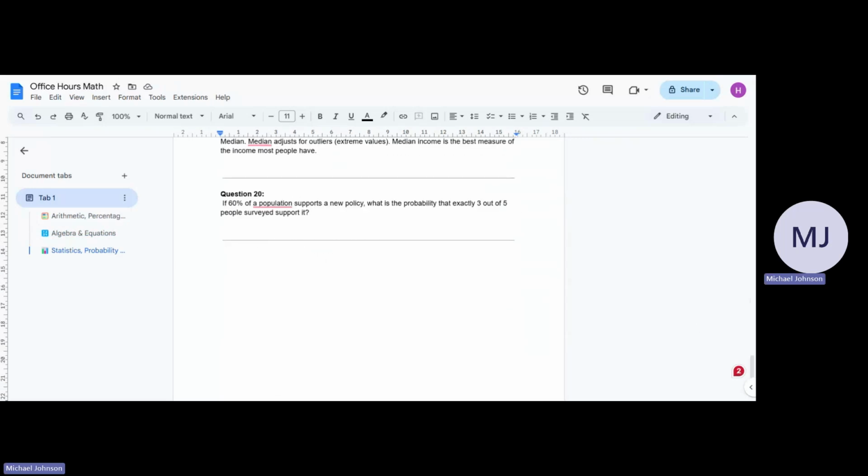And then if 60% of a population supports a new policy, what is the probability that exactly 3 out of 5 people surveyed support it? So to do this here, you would have to do 10 times 0.6 to the 3 times the 0.4, so 1 minus the 0.6, to the 2 here.